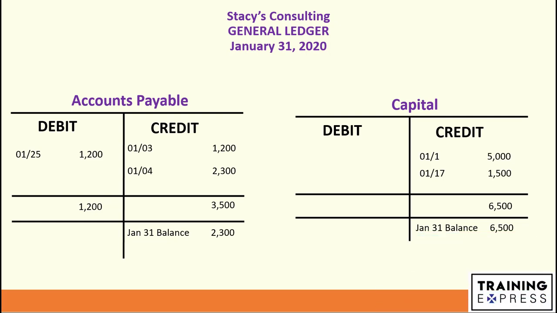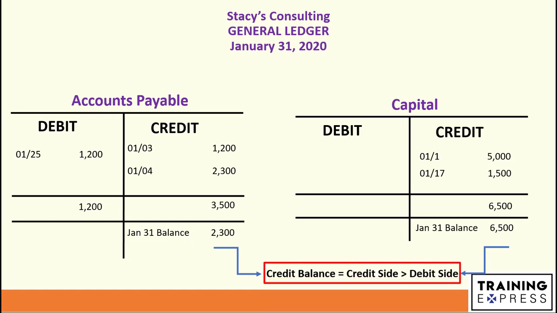Now in this particular slide, we have seen that both ledgers have credit balance. So credit balance means that credit side is greater than the debit side. Remember, this is opposite to debit balance.